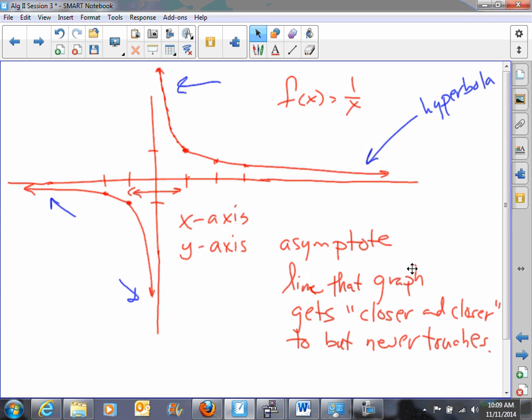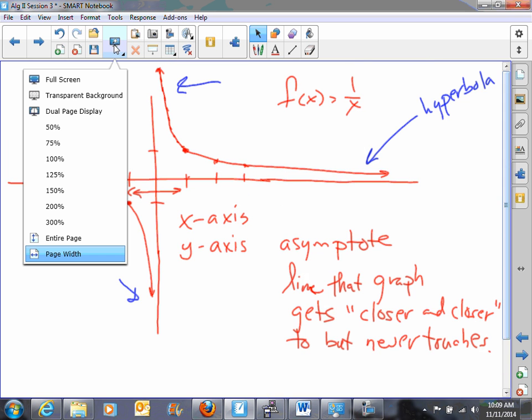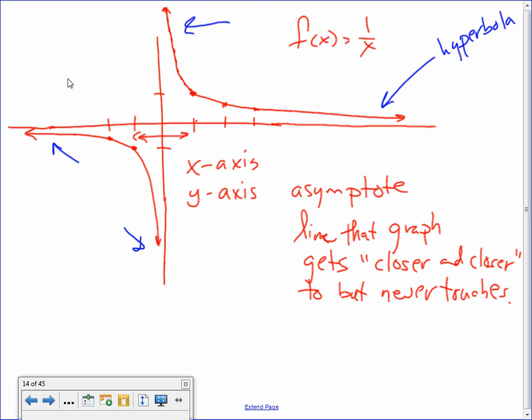Remember, let's just go to full page here. Remember, when we have y, or f of x, is equal to 1 over x, if we do something to x before we perform the function, then that's a horizontal effect.